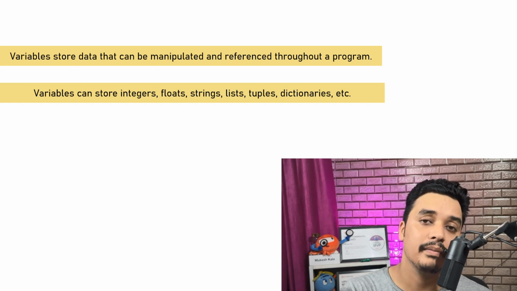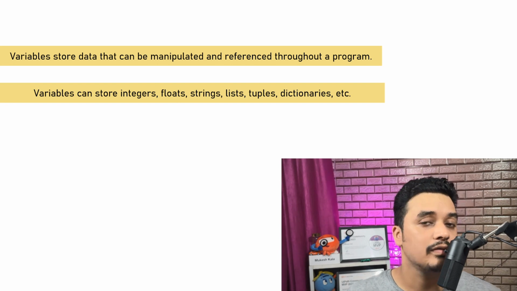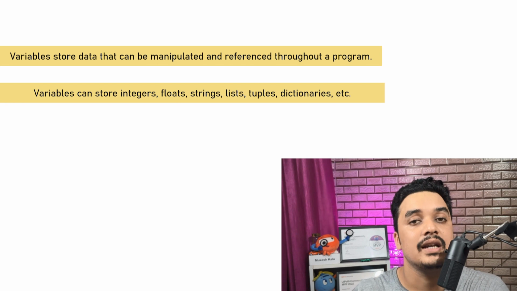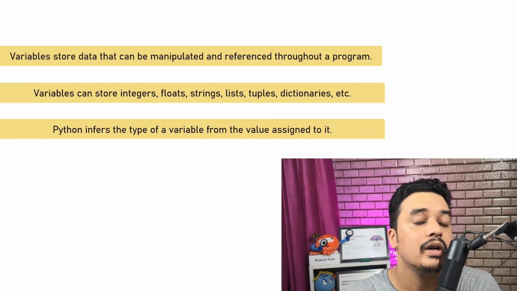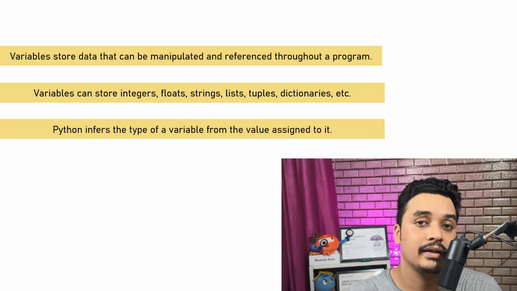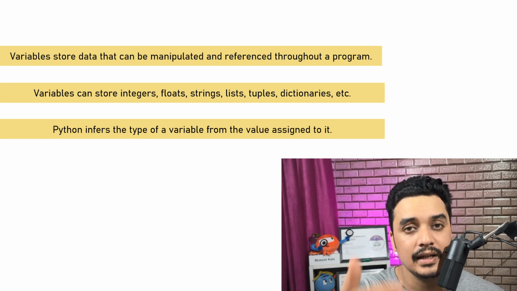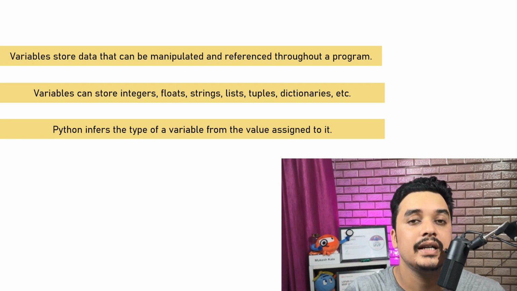But if you remember, when I was talking about the basics of Python, I told you that we do not need to declare and initialize the variables. What do I mean by that? If you have a programming background, you might have seen that whenever we use variables, first I have to tell the programming language what data I want to store in this variable.